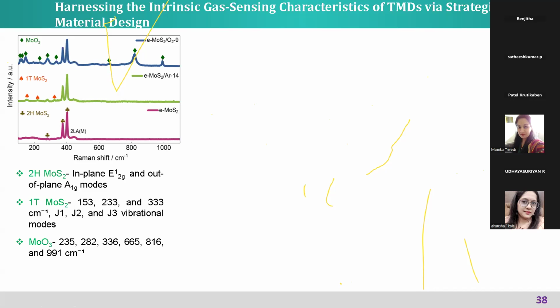This scattered light coming from the sample has a frequency different from the incident frequency. This frequency corresponds to different energy levels, polarization levels, of the sample. That is Raman spectroscopy.